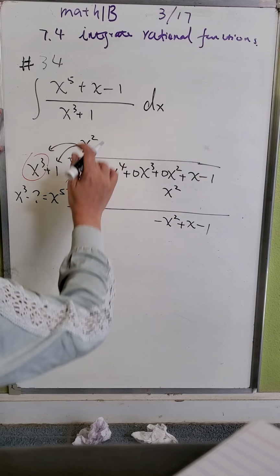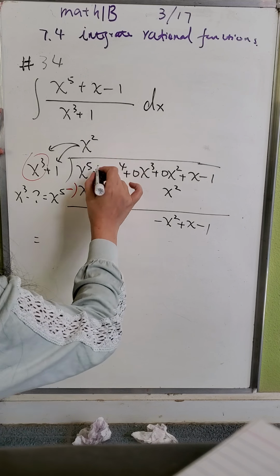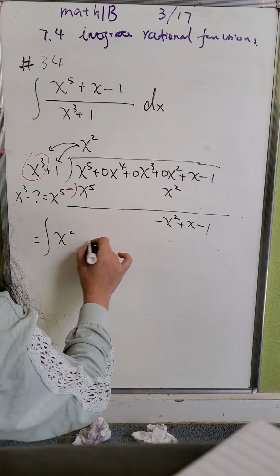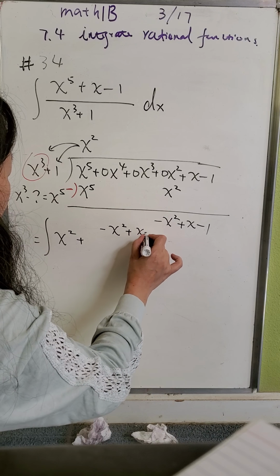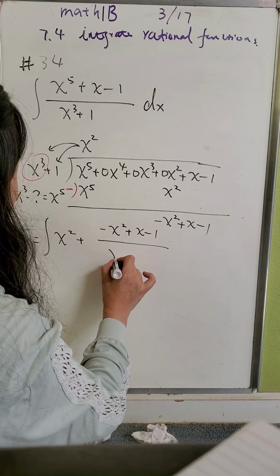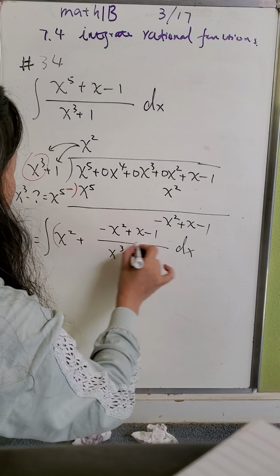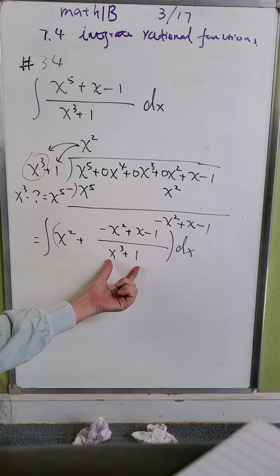So that means this one will become x squared plus negative x squared plus x minus 1 over x cubed plus 1. Now, once you get to here, don't be in a hurry to do partial fractions.